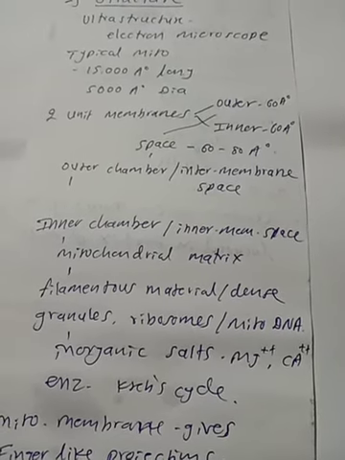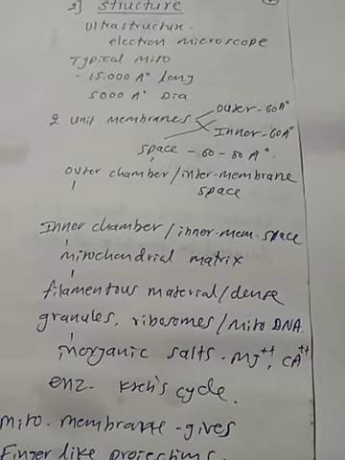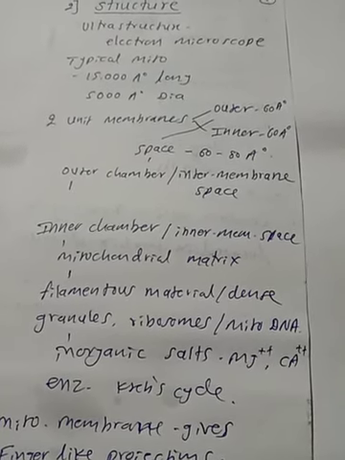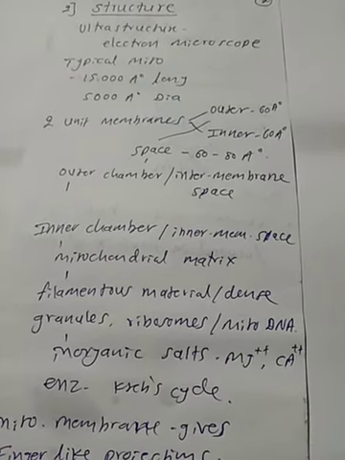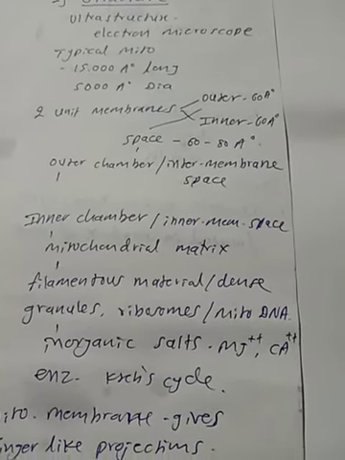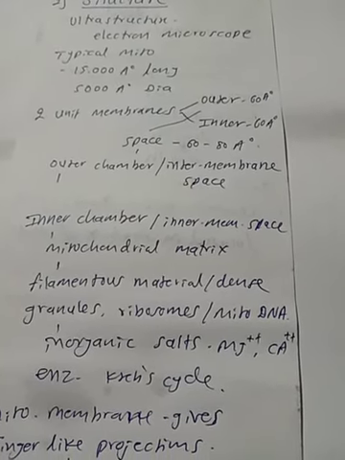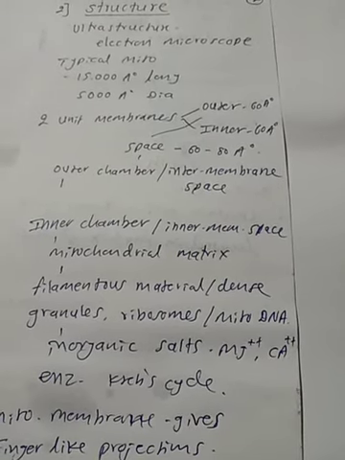These granules consist of insoluble inorganic salts and are considered to be the binding sites of divalent ions like magnesium and calcium. The enzymes of the Krebs cycle are also located in the matrix.